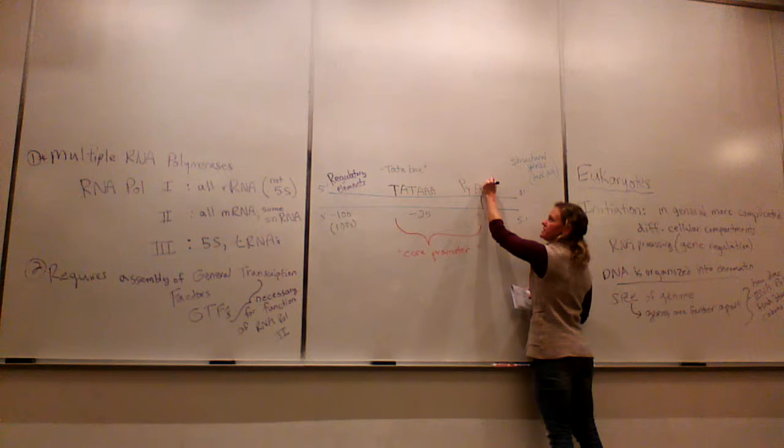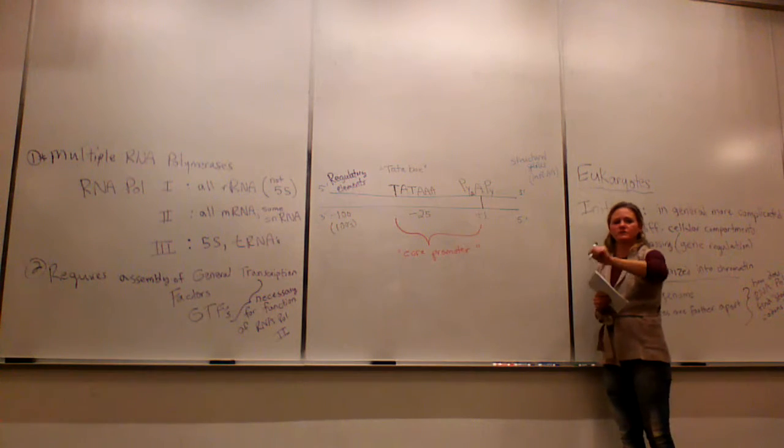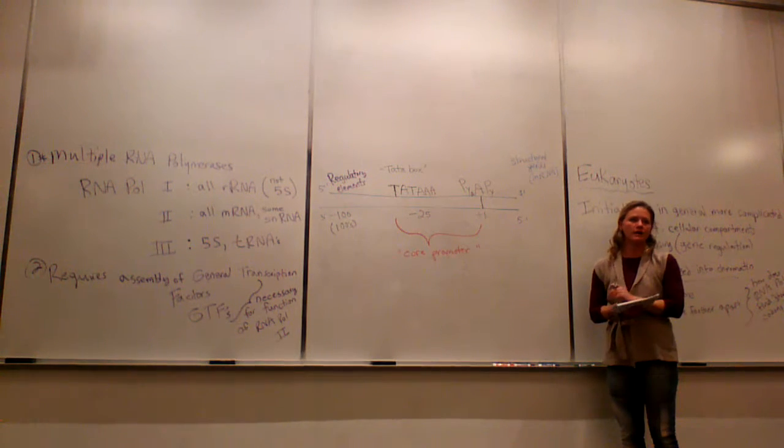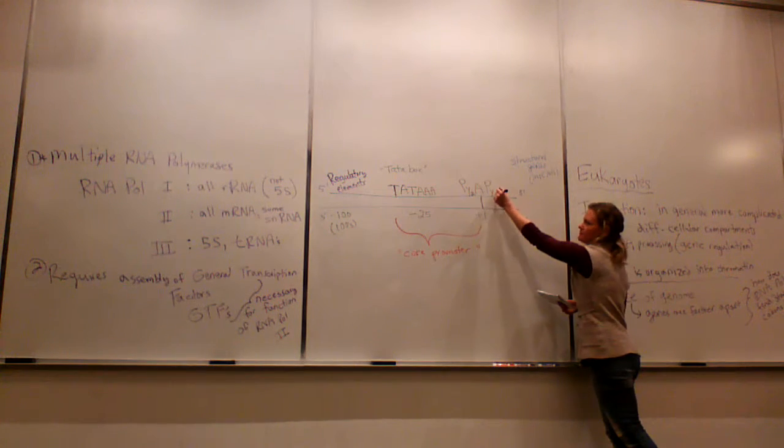To designate a string, the type of pyrimidine, whether it's cytosine or thymine, varies from gene to gene and species to species. So this again is that consensus sequence for a promoter.